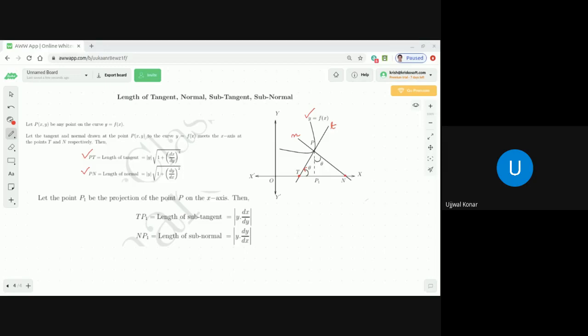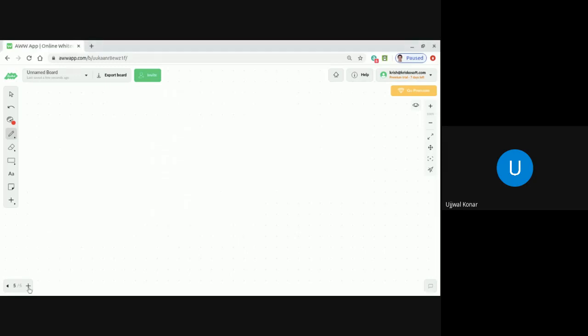Here you need to take two curves. Let me take it from my study material, dear students, and all of you will be able to get this study material on the online platform.